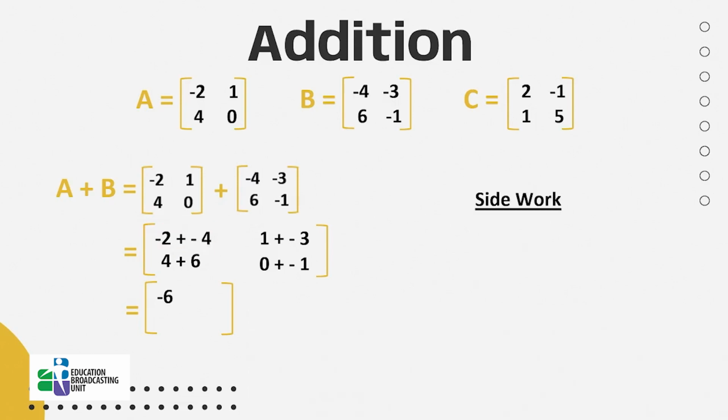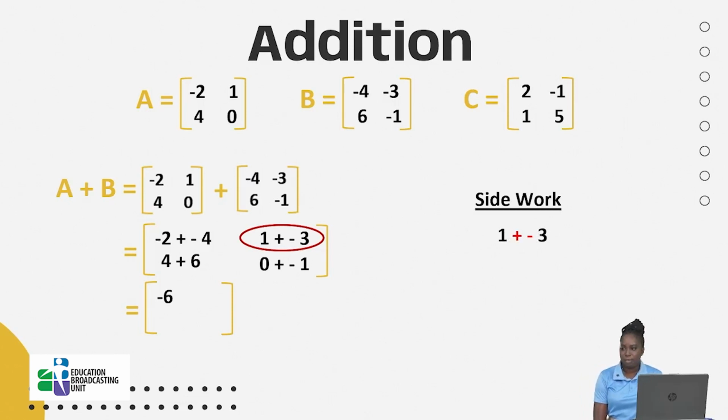Let's look at the next part, which is 1 plus negative 3. We have a similar thing happening here again. And what did we see? When the plus and the minus come together like that, touching each other, this simply means to subtract. And so this can be rewritten as 1 minus 3.